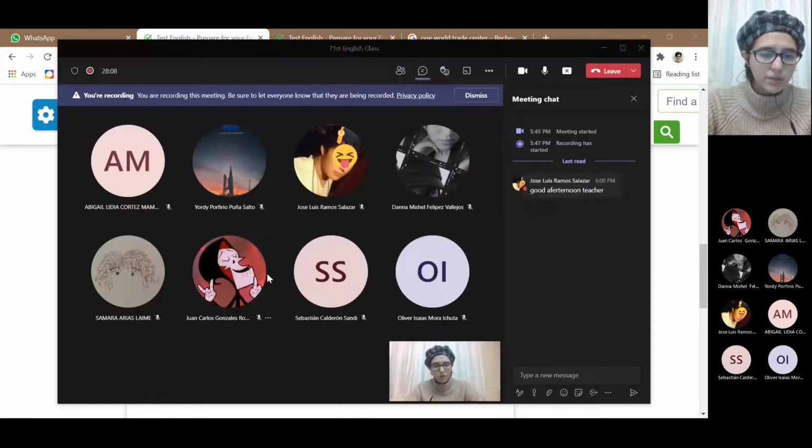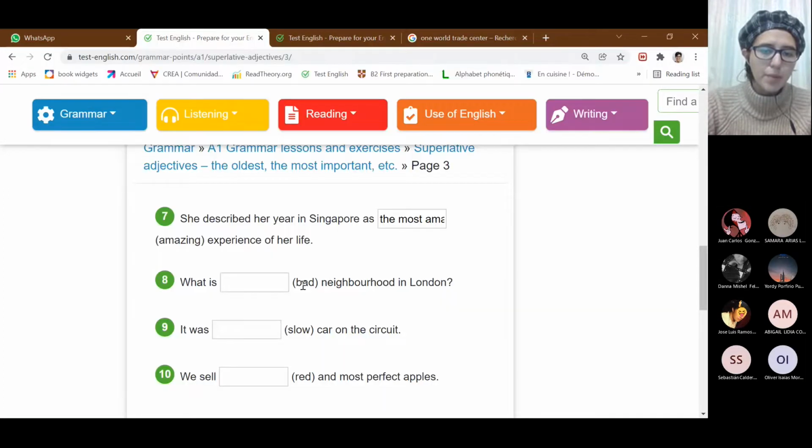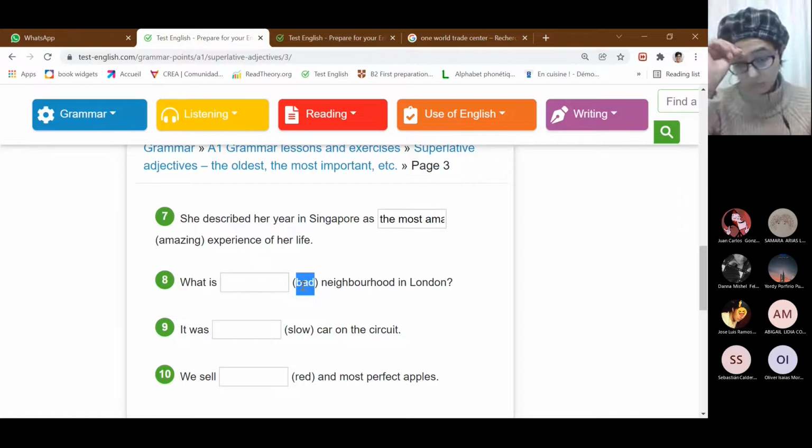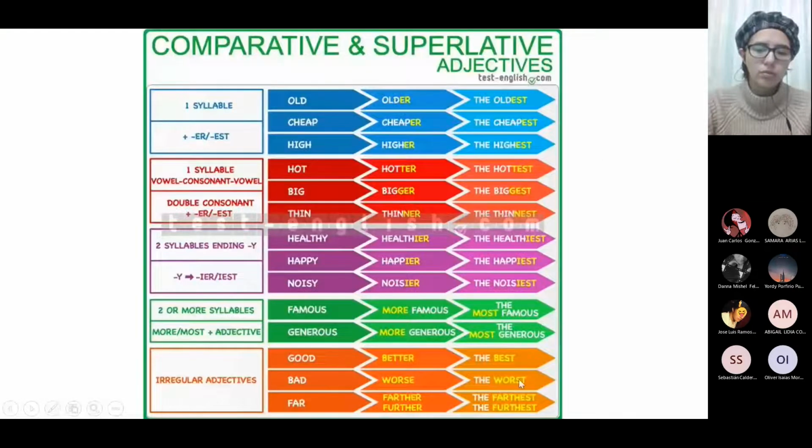Oliver, please. With this, what happened with the adjective bad? How's going to be the superlative form? Oliver, you were in class, so I'm going to show you this. It's an irregular adjective. So how will be the superlative form?